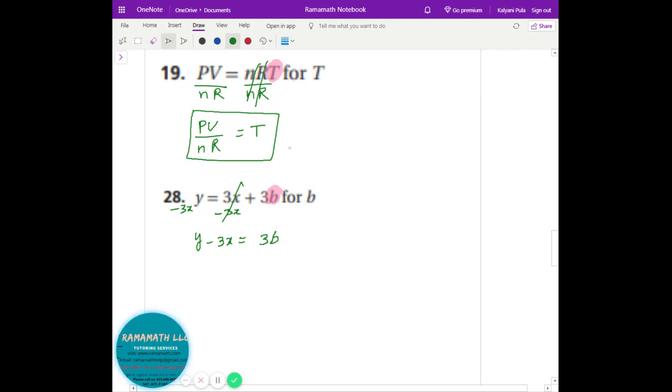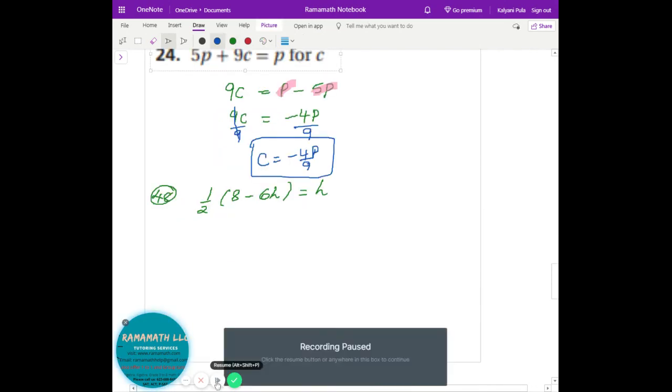Since the b is right here, you want to get rid of the 3. So what you do, you divide it by 3. So you end up with b equals y minus 3x over 3. Okay? That's how you get to it.